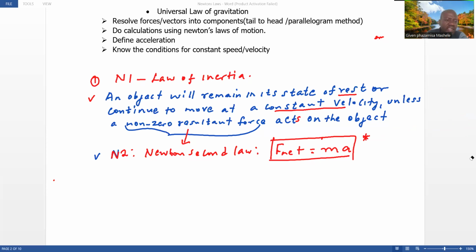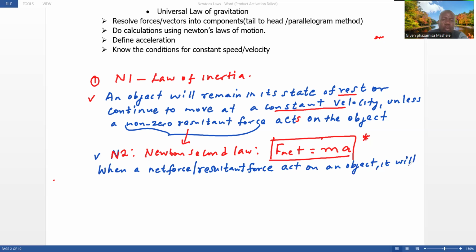Newton's second law of motion states that when a net force, or we can say a resultant force, I believe you know what a resultant force is, acts on an object, it will cause the object to accelerate.